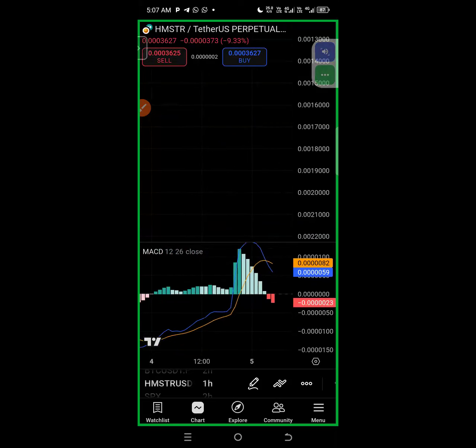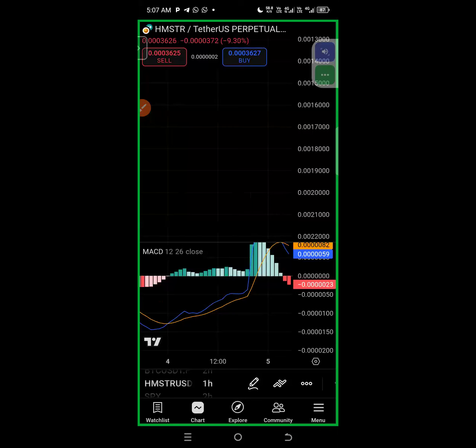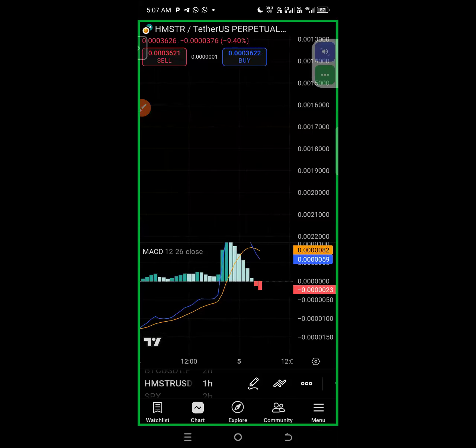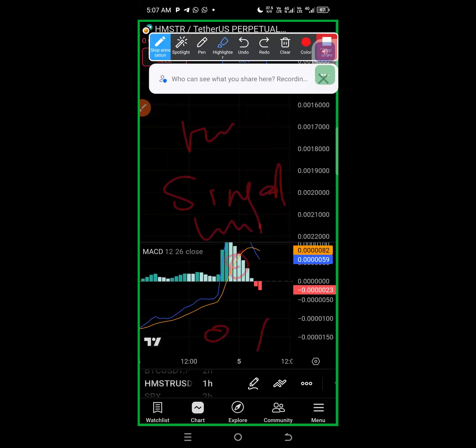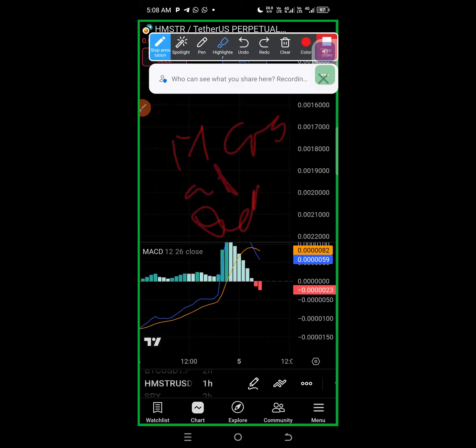Just like the moving average we talked about yesterday, whenever the MACD line crosses below or above the signal line, it signals a particular market trend or direction.